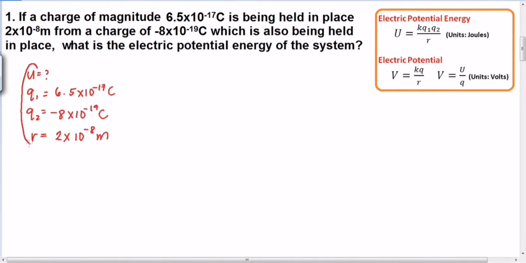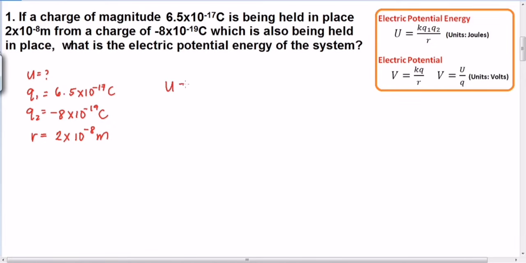And then, by looking at these letters, malalaman nyo guys kung ano yung gagamitin na formula. So, we have letter U, ito yun. And then, K, which is also given because that is the Coulomb's constant. And then, meron tayong Q1, Q2, and then R. So, ibig sabihin, guys, ito yung gagamitin nating formula.